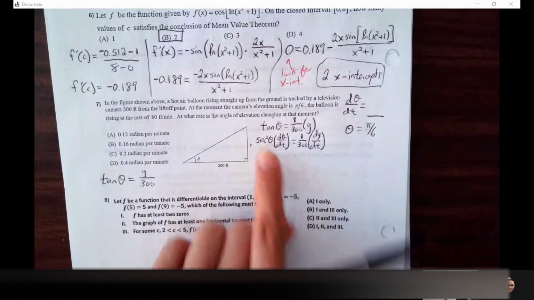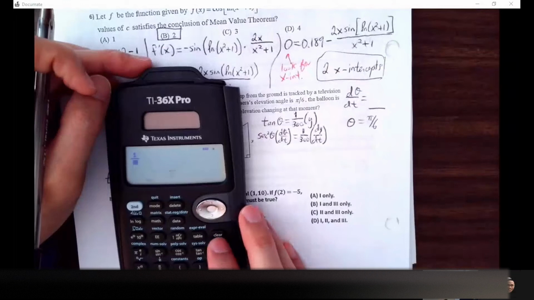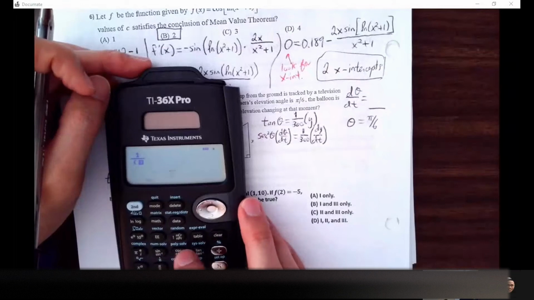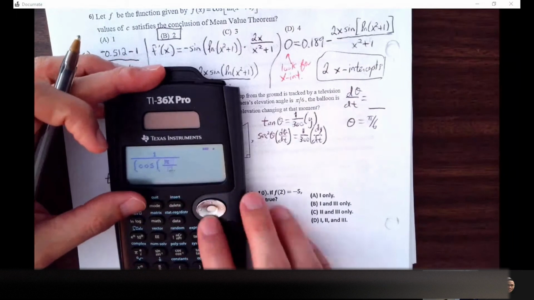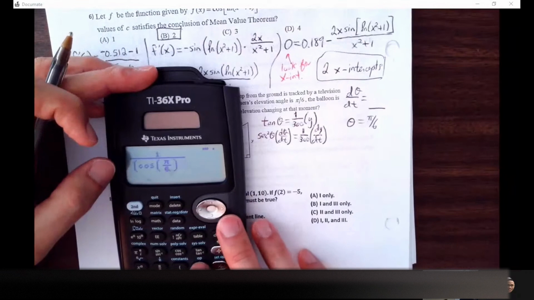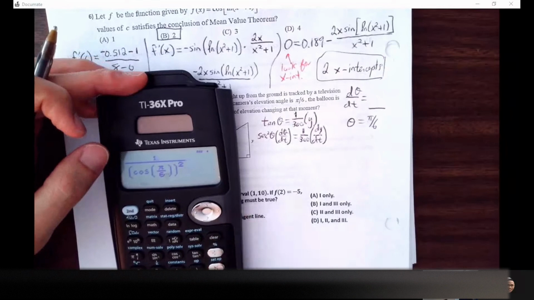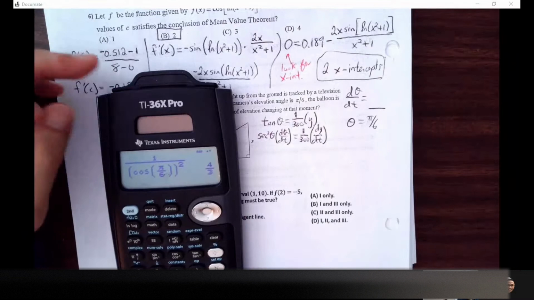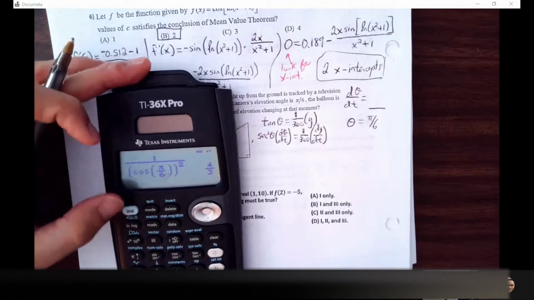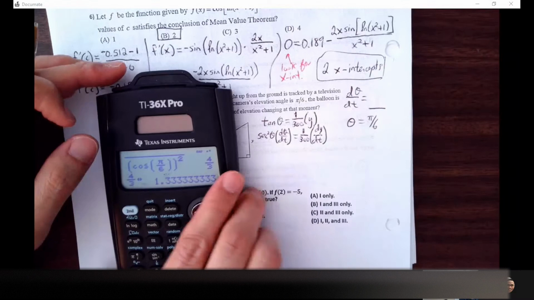So I'm going to enter that in. Okay, so I get 1.33 or 4/3.